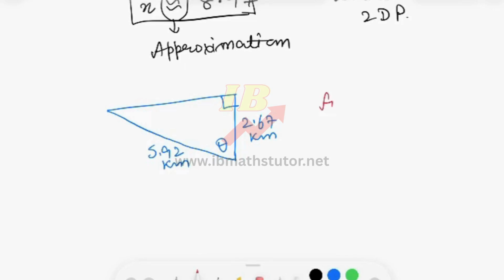Here you are supposed to find the value of theta. I can also specify whether you should find your answer in three significant figures or DPs. Here I'm using a different word, which is three significant figures. Let's just solve it first, then I'll tell you what three significant figures means.